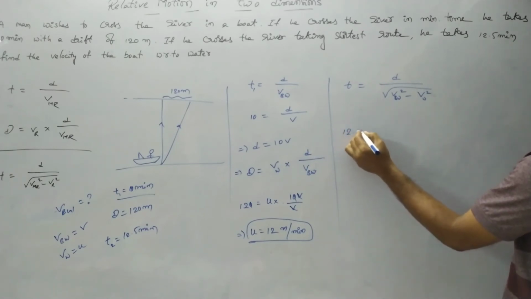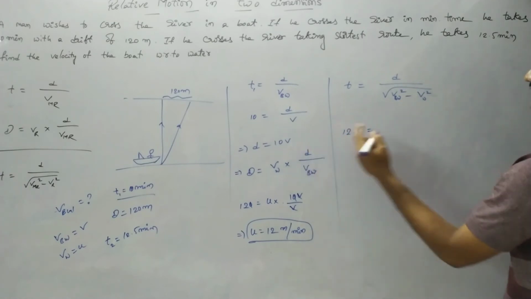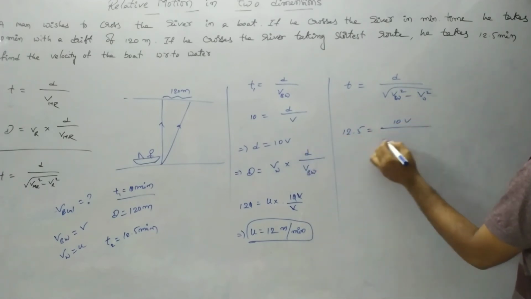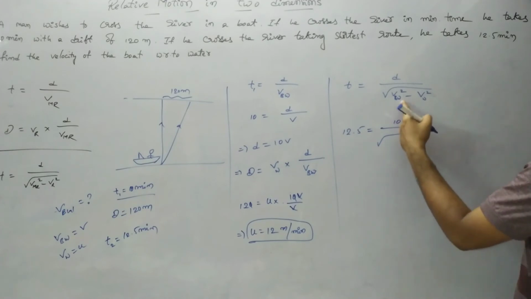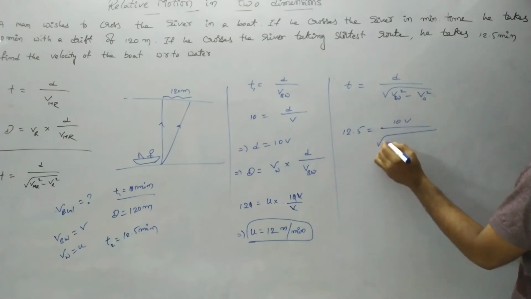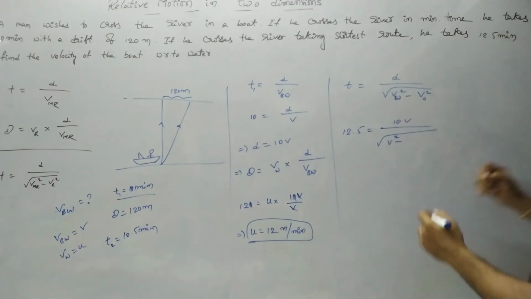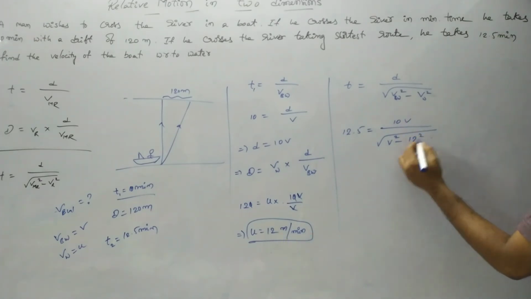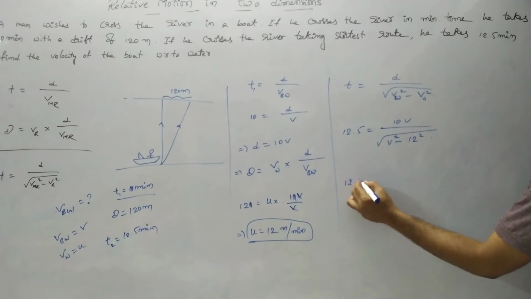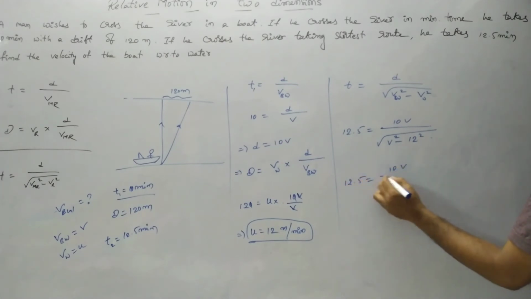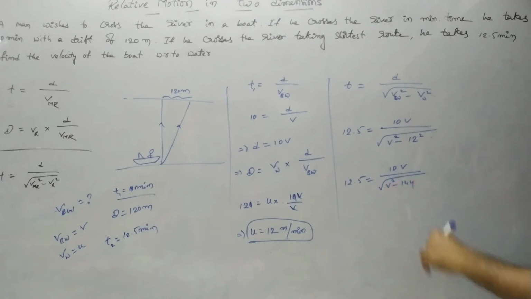T2 is equal to 12.5 is equal to d, which is 10v, by under root of velocity of the boat with respect to water, v square, minus velocity of the water, 12 square.